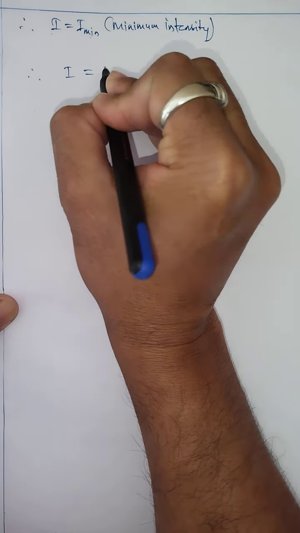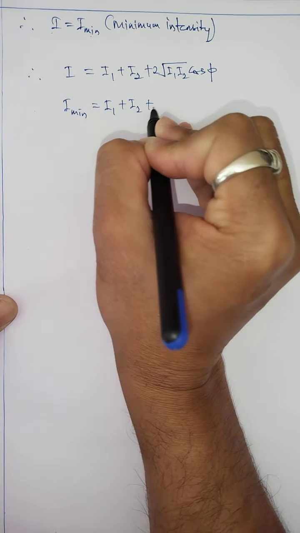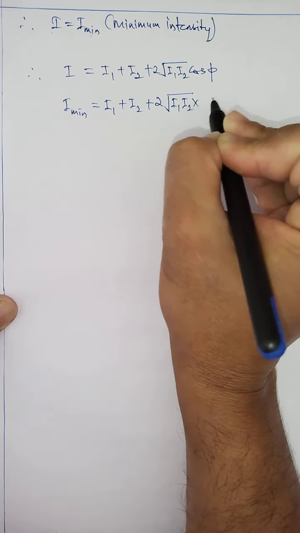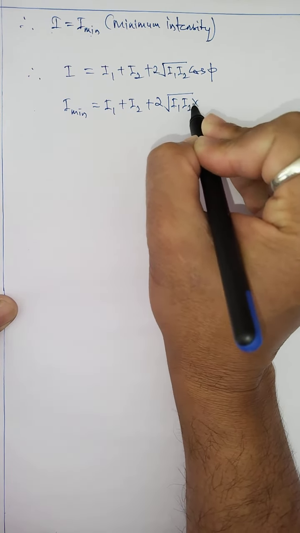But this I now becomes I minimum, equals I1 plus I2 plus 2 square root of I1 I2 into, now this time, cos of phi is how much? -1. So cos of phi is -1. Now let me write it down. This is I1 plus I2. Now minus into plus is what? Minus 2 square root of I1 I2.